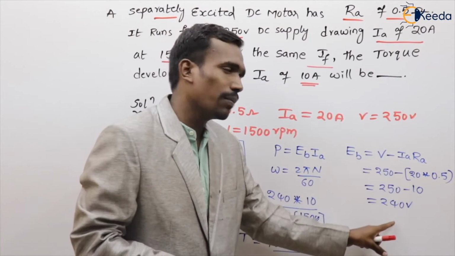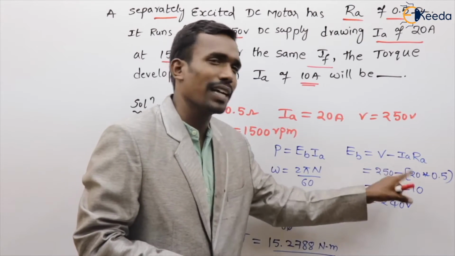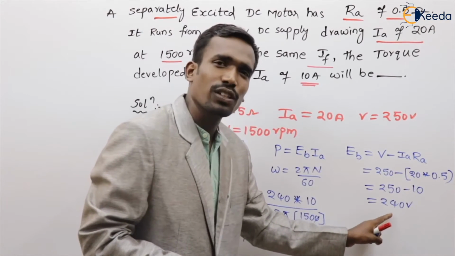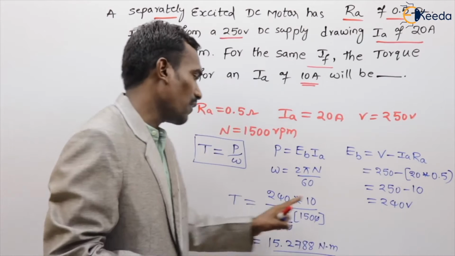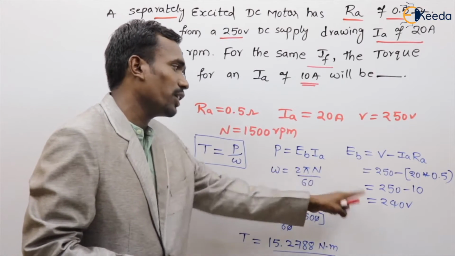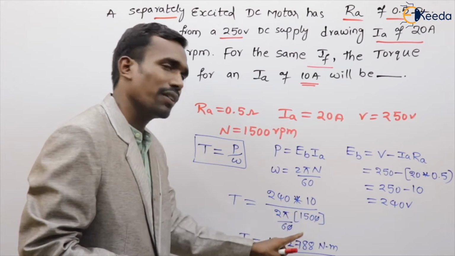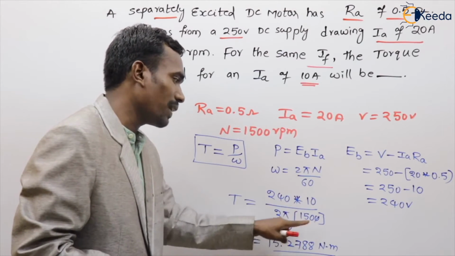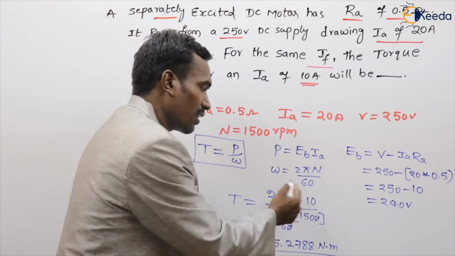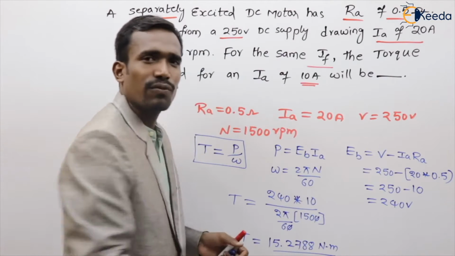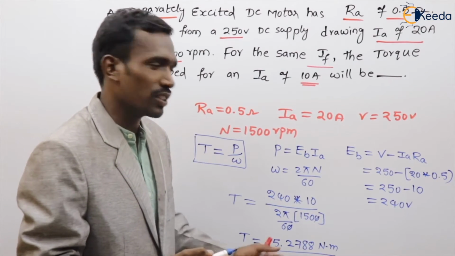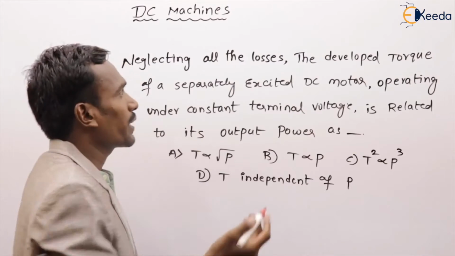I calculated EB for the motor as V minus IA RA, and its value is 240 volts. Then T is EB into IA, with IA given as 10 amperes, divided by 2 pi N by 60. After calculation we get 15.2788 Newton meters. Okay, next question.